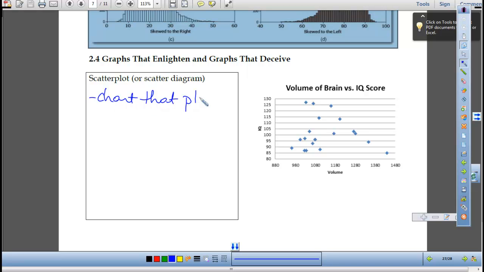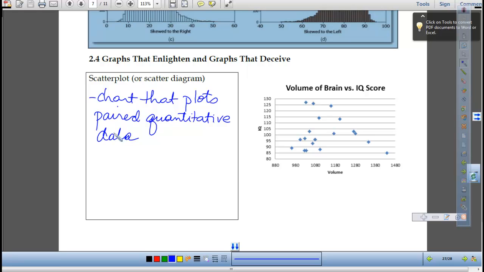that plots paired quantitative data. Okay, a chart that plots paired quantitative data.